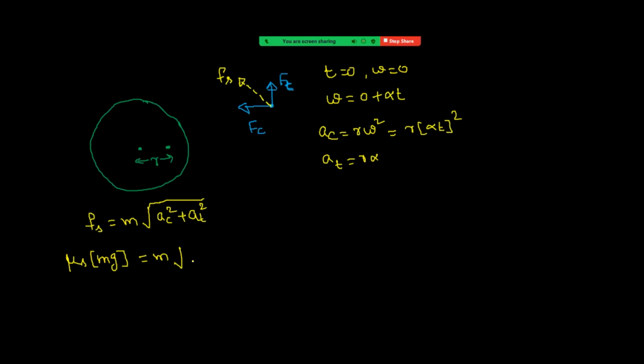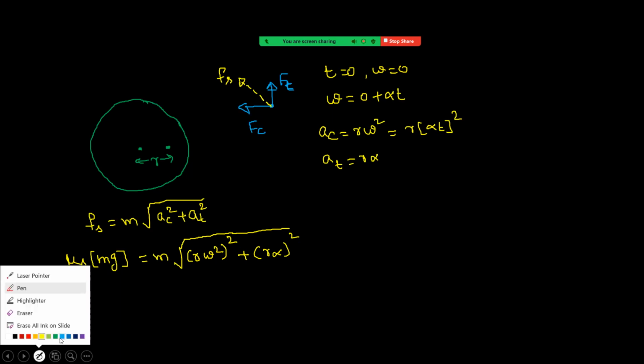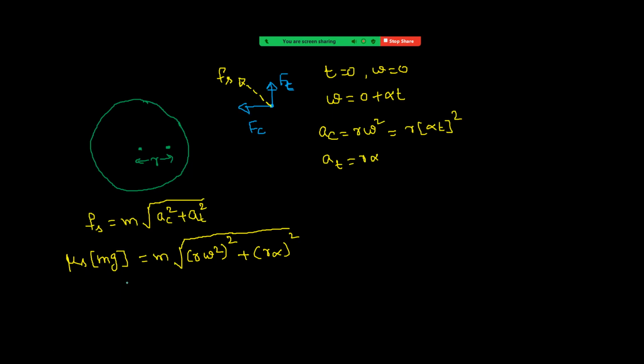So substitute values here in the place of AC. It is R omega square, AC whole square, plus AT square. AT means R alpha, so AT square. Now remains the calculation part.